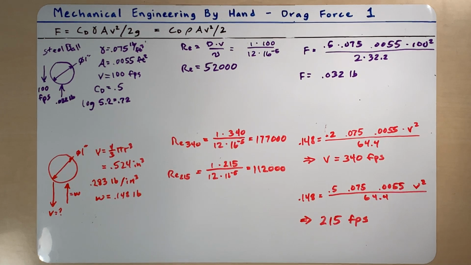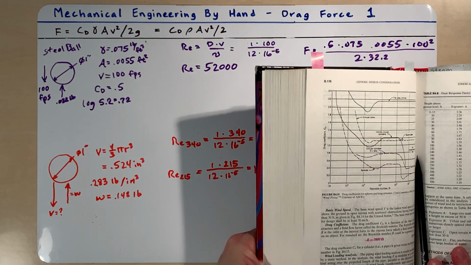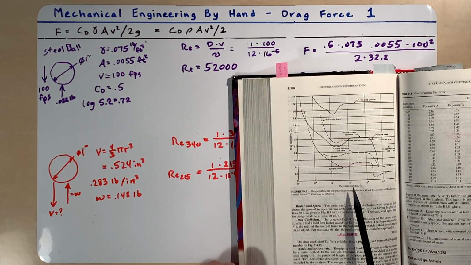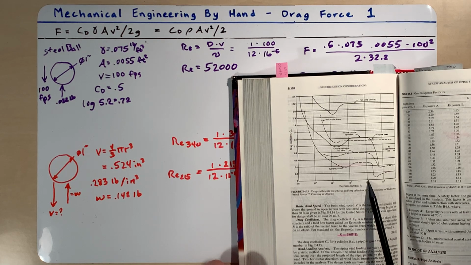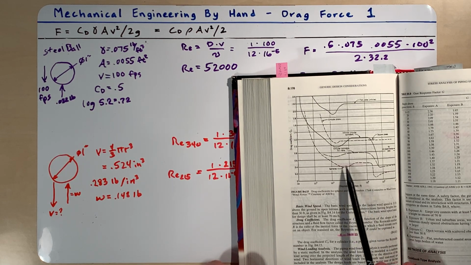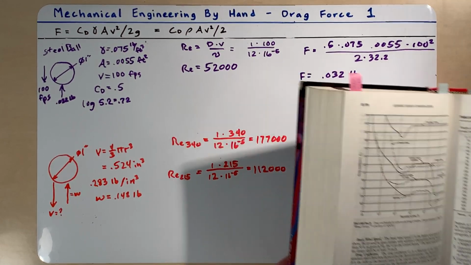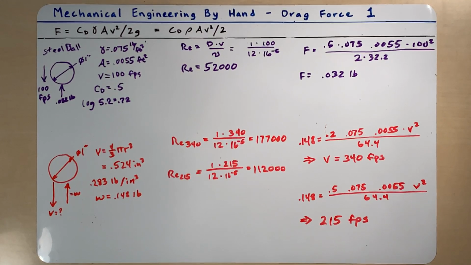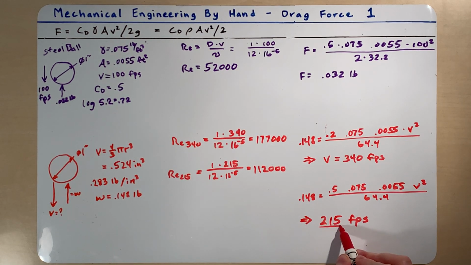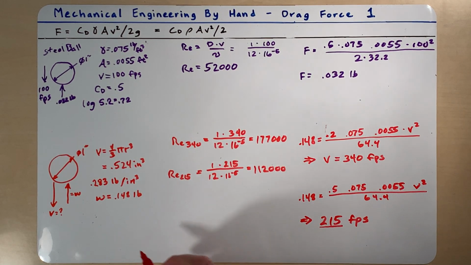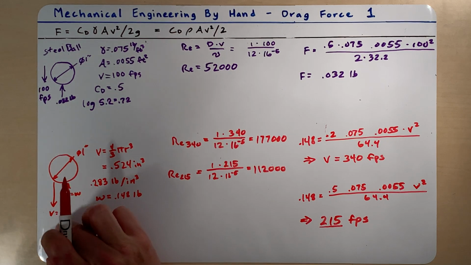So just going back to our chart again, 112,000 would be real close to this 100,000 line, and we go up and see that the drag coefficient is 0.5. So that is all good, that checks out. So I would say the terminal velocity is 215 feet per second.